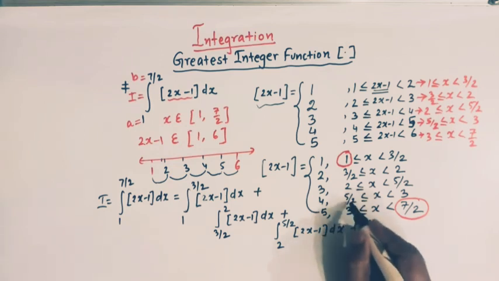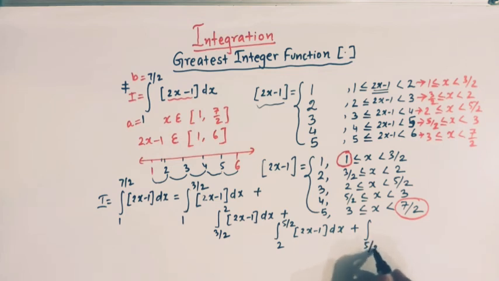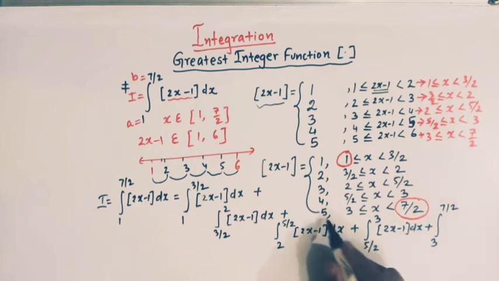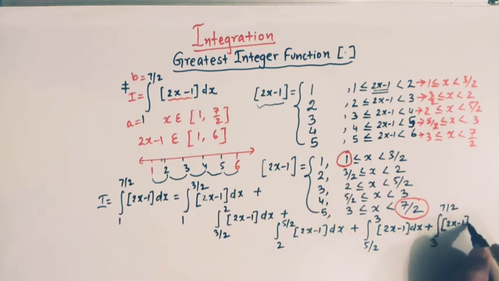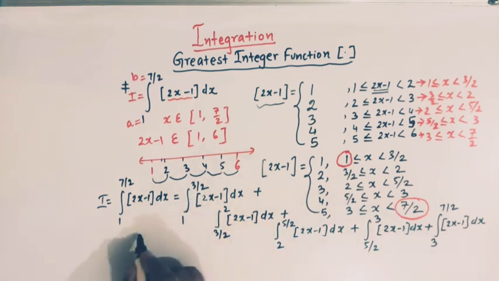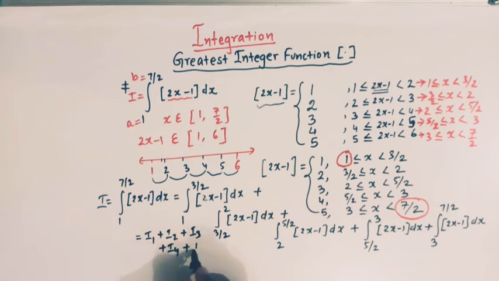Then we have from 5 by 2 to 3, greatest integer function 2x minus 1 dx, plus 3 to 7 by 2, greatest integer function 2x minus 1 dx, right? So we have 5 integrals. Let us denote these 5 integrals by say I1 plus I2 plus I3 plus I4 plus I5. So this is I1, this is I2, this is I3, this is I4, this is I5.